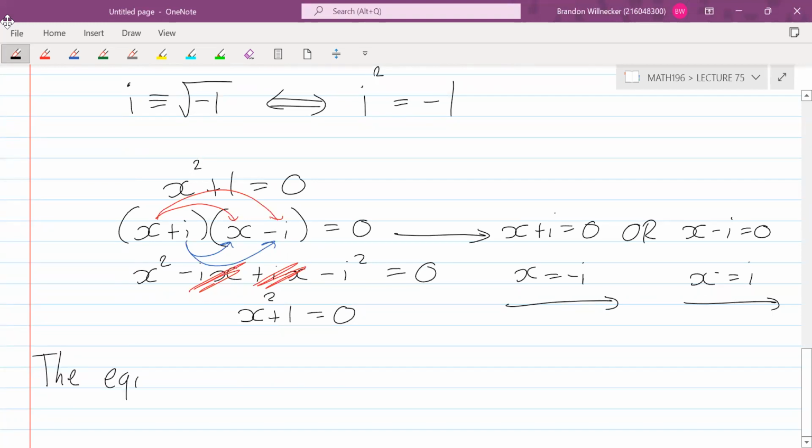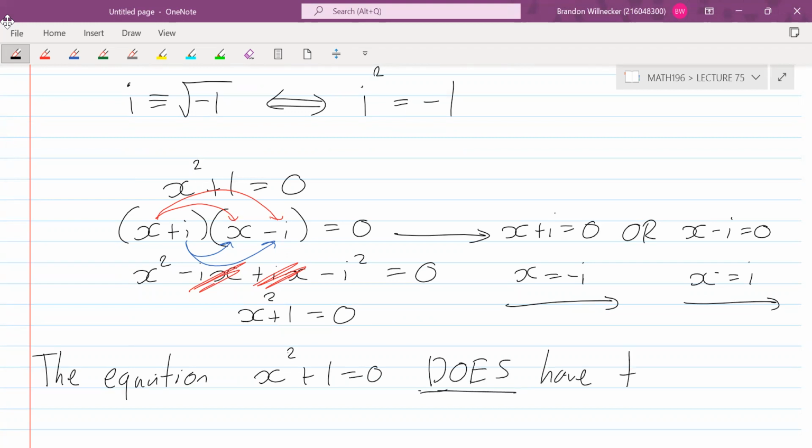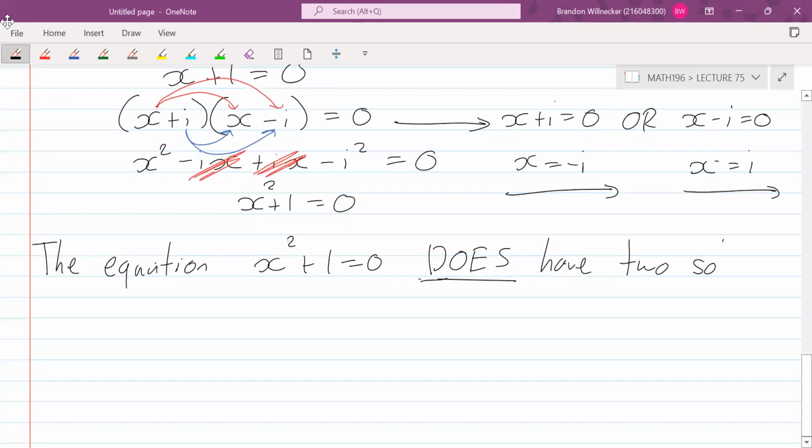So the equation x squared plus 1 equals 0 does have two solutions, as we expect, because it's a quadratic. It has degree 2, so we should have 2 solutions, but they're not real.